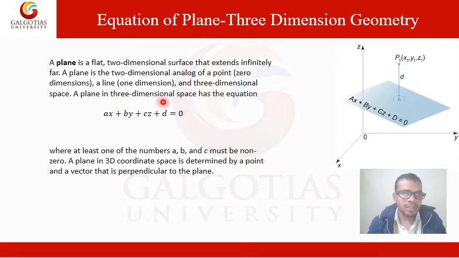A plane in three-dimensional space has the equation ax plus by plus cz plus d equals 0. This is known as the general form of the equation of a plane, where at least one of the numbers a, b, c must be non-zero. A plane in three-dimensional coordinate space is determined by a point and a vector perpendicular to it.